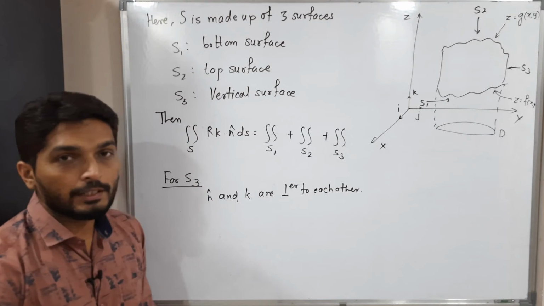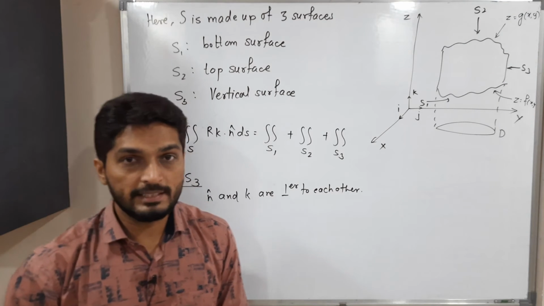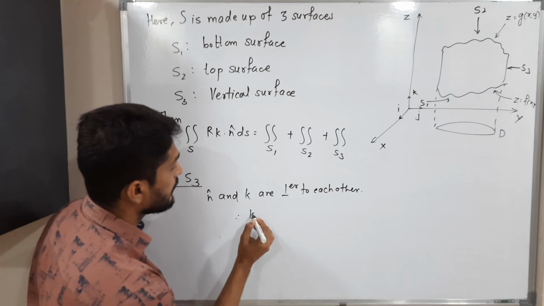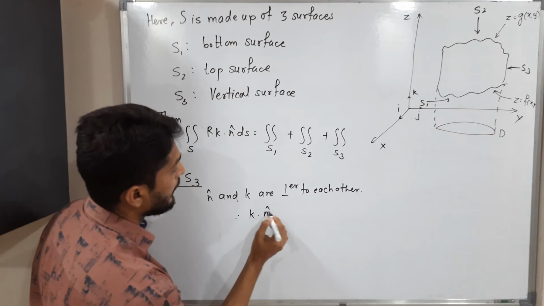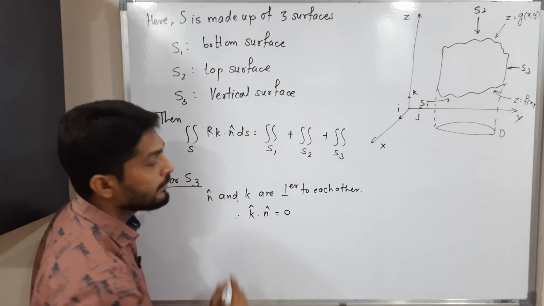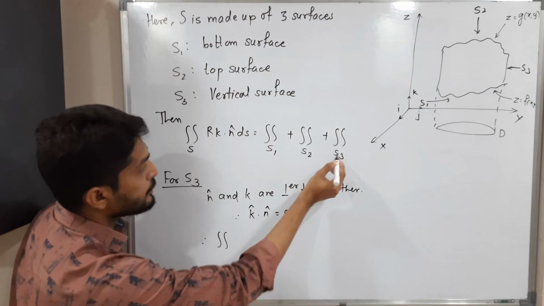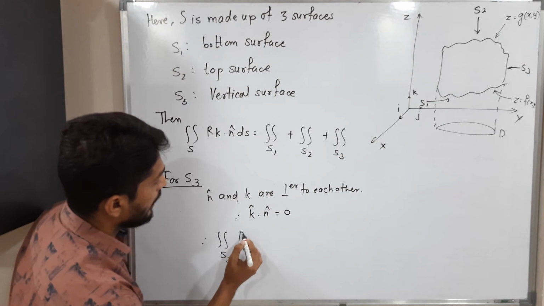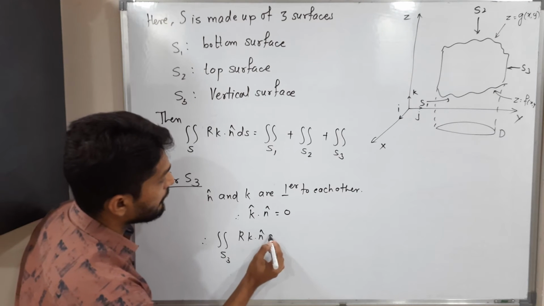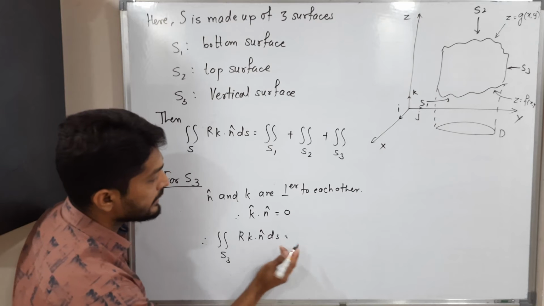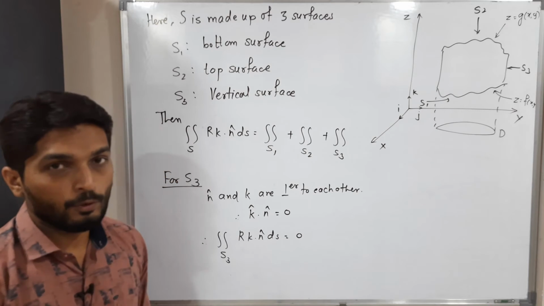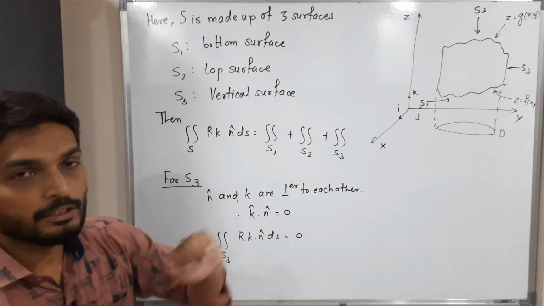So you know that if two vectors are perpendicular, their dot product will be 0. So therefore k dot n cap is equal to 0. So therefore for the double integration over S3 we are finding R k dot n cap ds, but see their dot product is 0, so the value will be 0, getting? So the value of this double integration is 0.